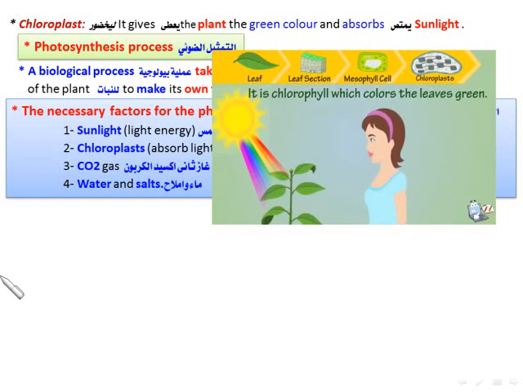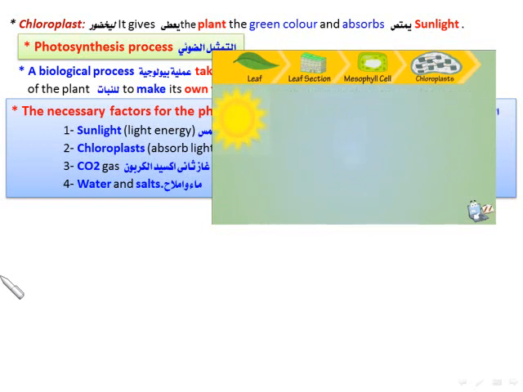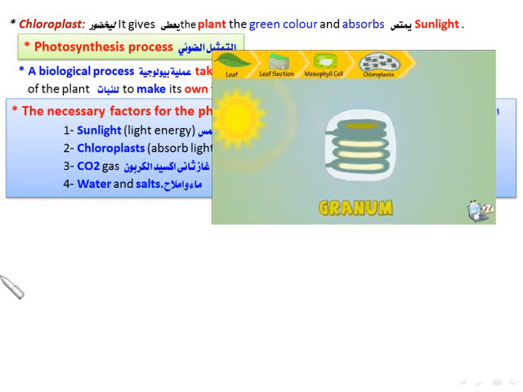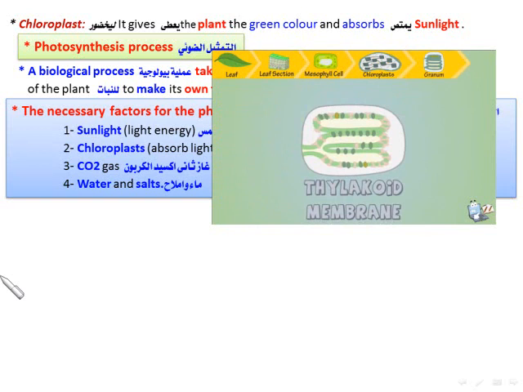Therefore, the light reflected by the leaves is diminished in red and blue and appears green. When the light energy from the sun is captured by the chloroplast, it's stored in stalks called a granum, in which is a thylakoid membrane. In these membranes, the chemical reaction of photosynthesis takes place.